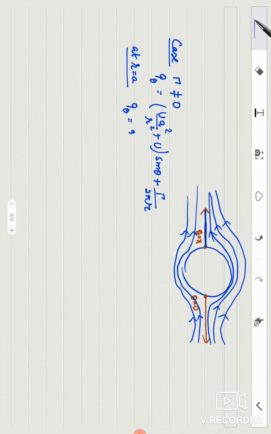Q theta will be twice u sin theta plus gamma upon 2 pi a.